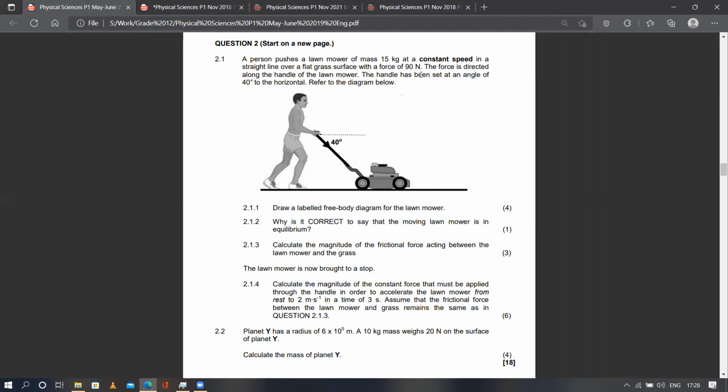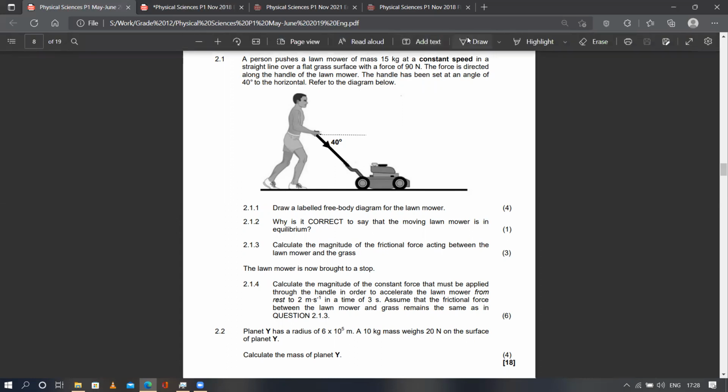The handle has been set at an angle of 40 degrees to the horizontal, and they gave us the diagram. The first thing they ask you is to draw the free body diagram of the lawnmower.